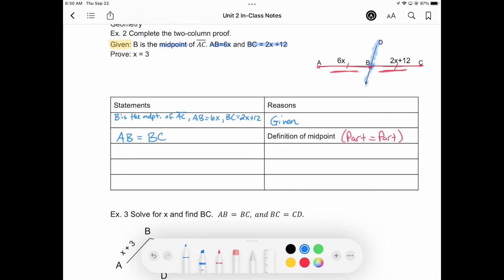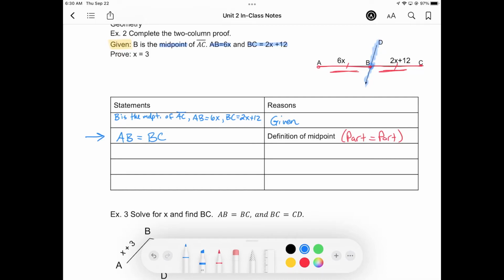We always want to do this general form first before I substitute in. If we were just solving this, if this was just a problem where I said find the value of x, you wouldn't necessarily start with that one. You would just plug right into it. But because we're doing a proof, we need to give a reason for why we write each statement. So the first thing we have to do is write AB equals BC.